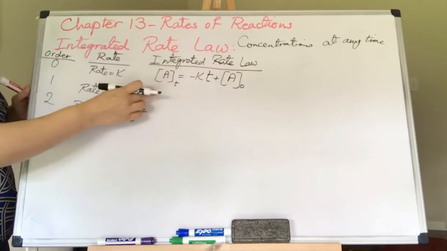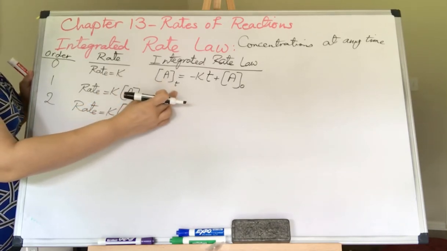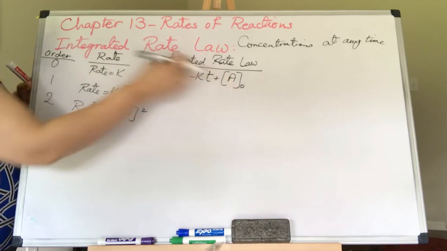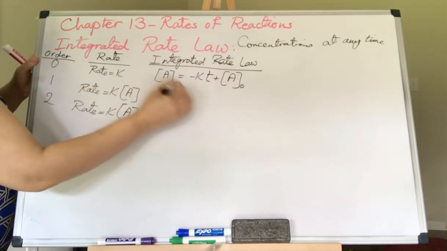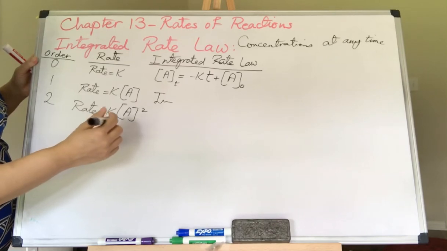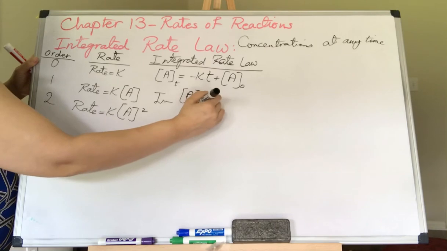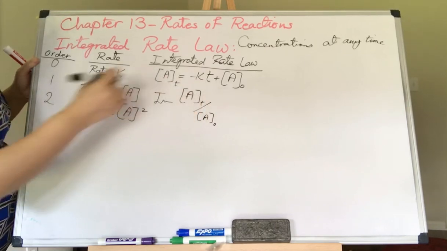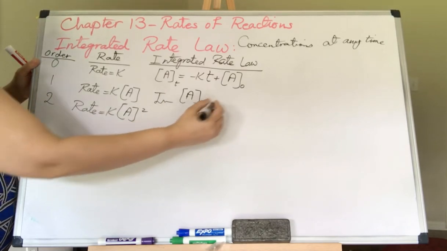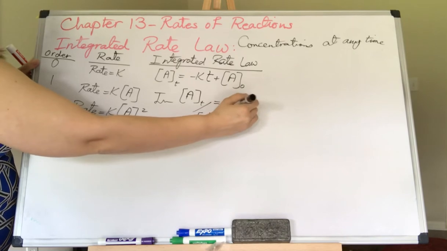AT is the concentration of component A or reactant A at any time in the reaction, and A0 is the initial concentrations. For first order, you have ln, natural logarithm of A at any time T over A0 at initial concentration, which is equal to minus KT.